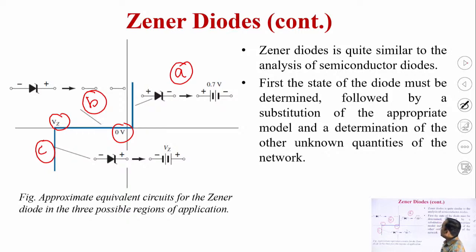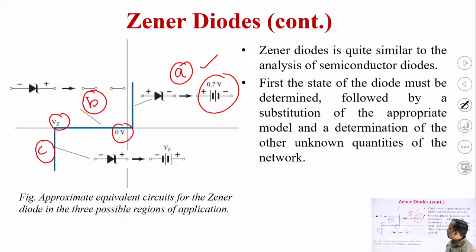Under the A situation, the forward bias condition, the diode can be represented by a battery of 0.7 volt, similar to a conventional P-N junction diode.